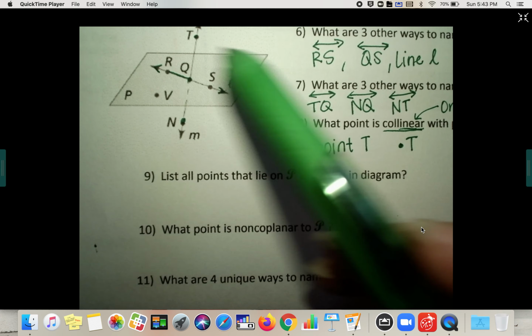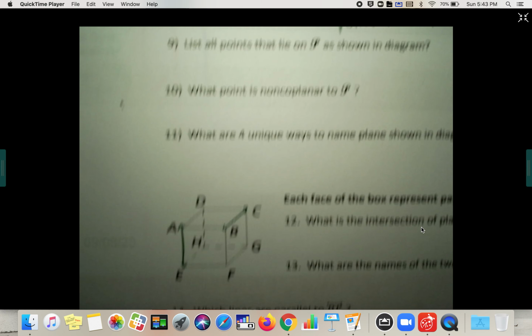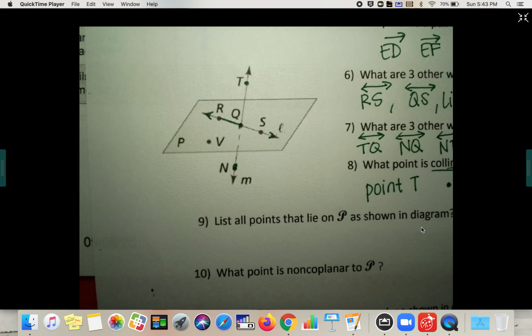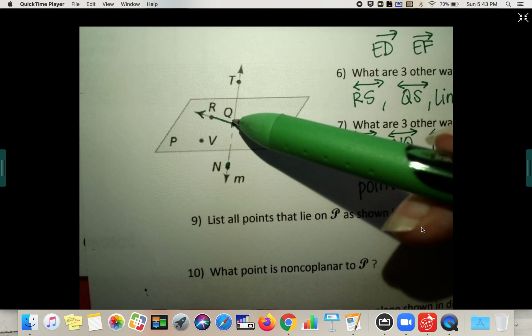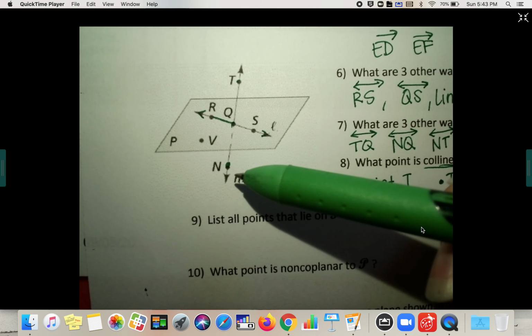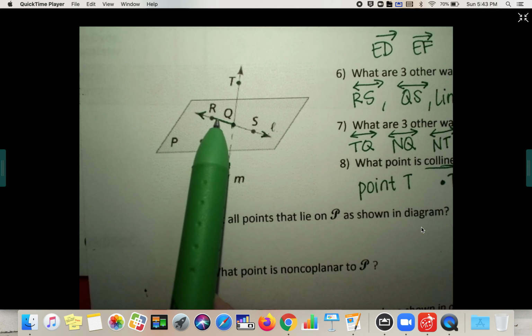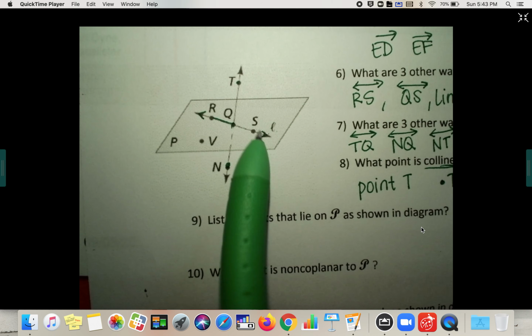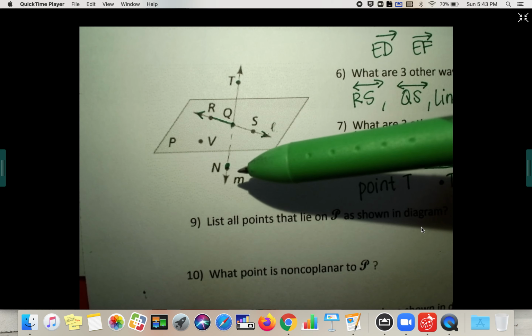Okay, this is really hard to tell because it's not three-dimensional. It'd be a lot easier to see if it was something like this, but I need you to see that these dashed lines mean this line cuts through the top and then goes through like underneath it. So the only actual line that's on this plane is line RQ. This line cuts through it, but it is not actually on it.